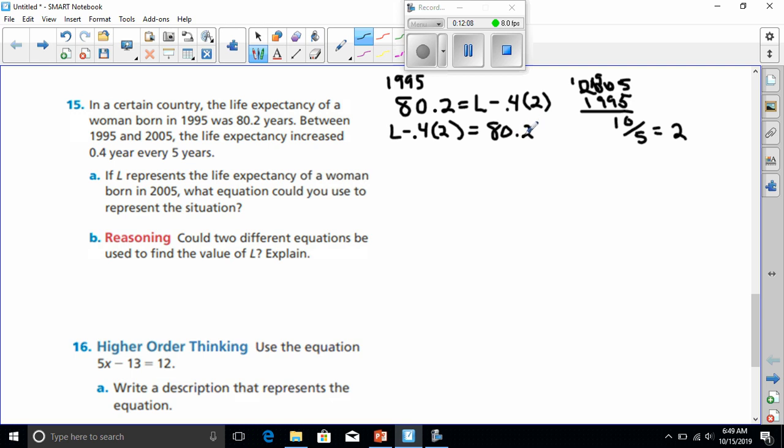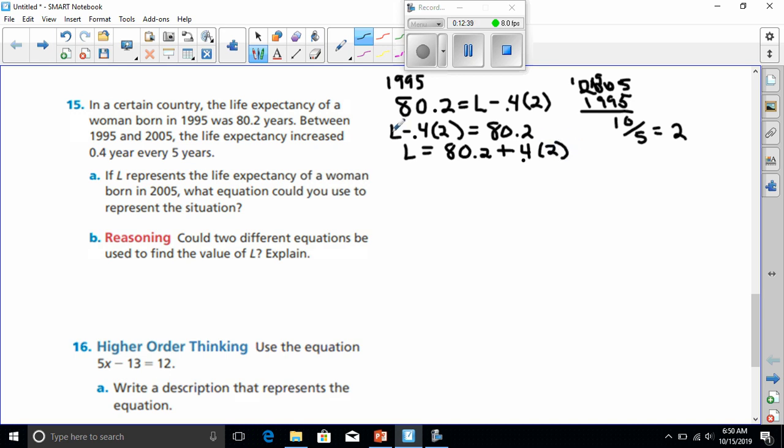We could also rearrange this if we wanted to and say, we know we're going to have to go ahead and say that the life expectancy equals 80.2 plus 0.4 times 2.